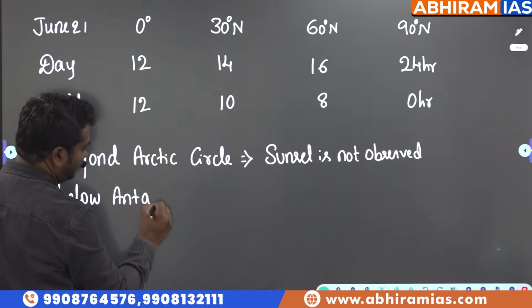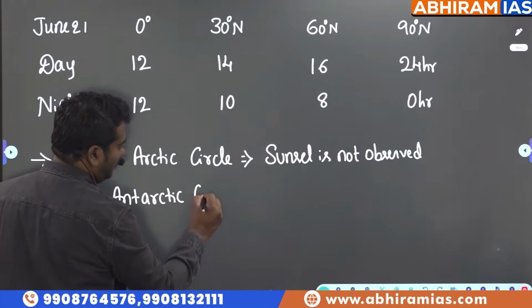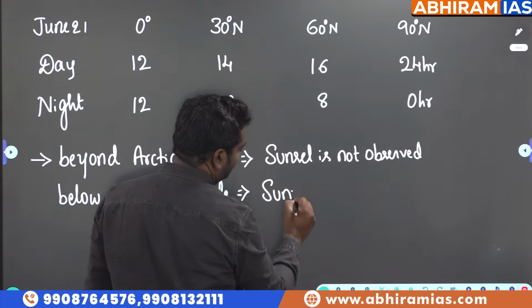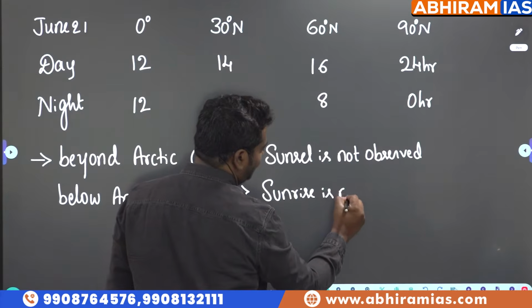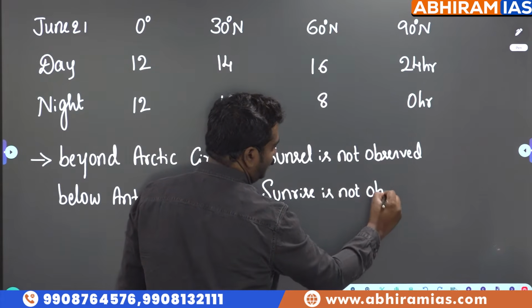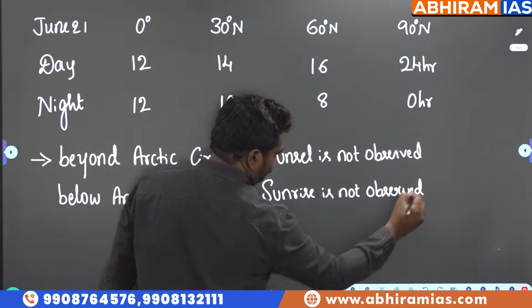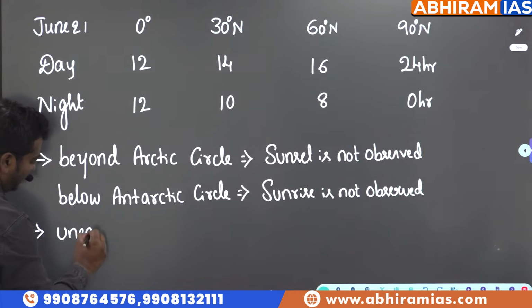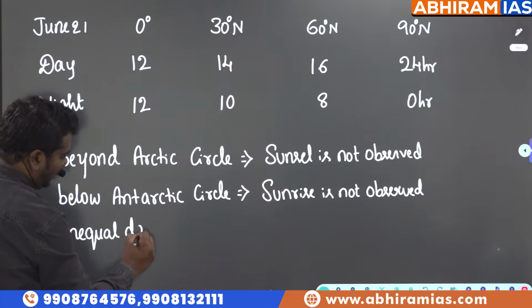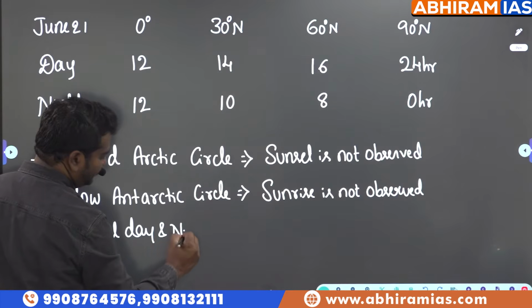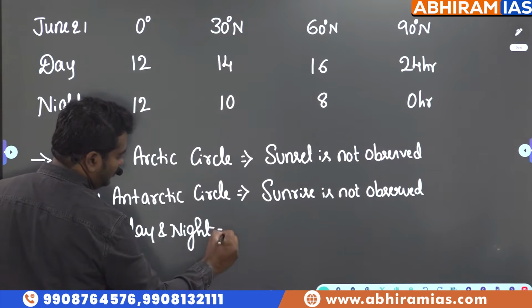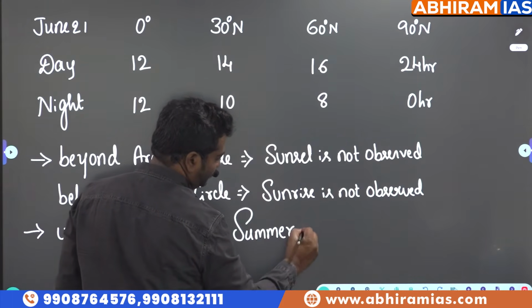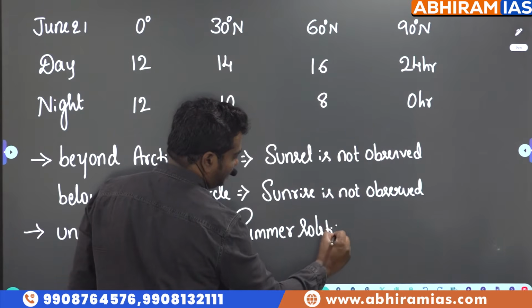Below Antarctic Circle, sunrise is not observed. And as you have unequal day and night, it is called summer solstice.